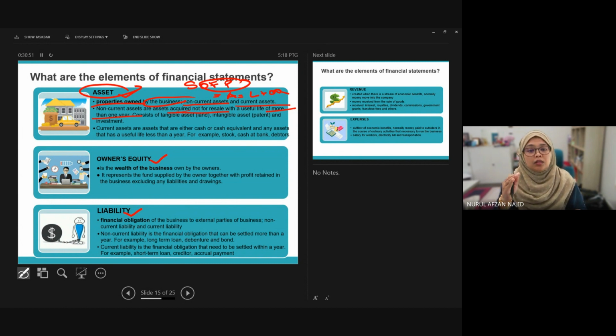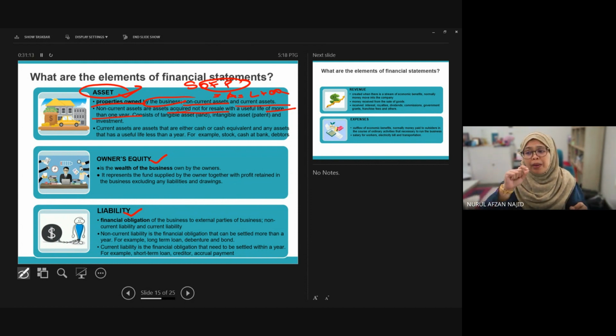Okay? Dan consist of tangible dengan intangible. Tangible benda yang boleh kita pegang. Contohnya handphone. Pegang, tangible. Intangible yang memang kita tak nampak. Intangible contohnya kita ada McDonald's, kita ada KFC, kita ada Nike, Adidas.